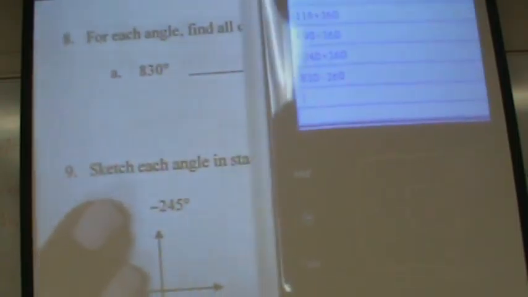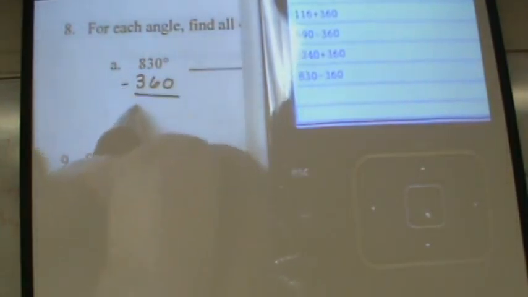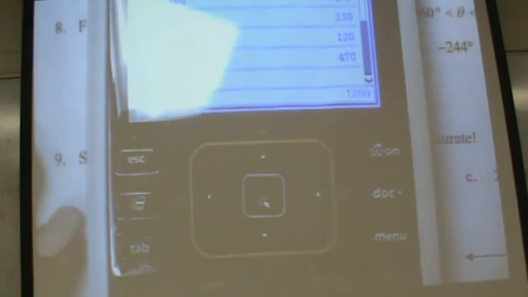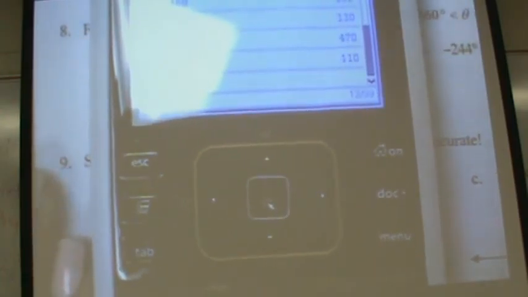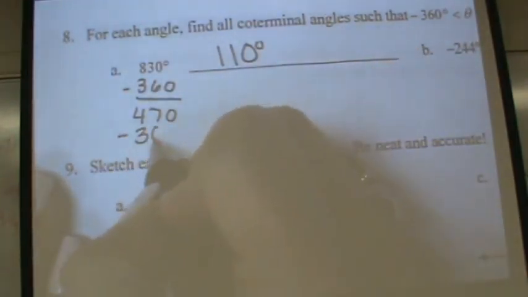If I subtract 360 from 830, I get 470. That's still beyond 360, it's too big. So that's not an answer. So I'm gonna subtract 360 again. I get 110. That's a good one. 110.